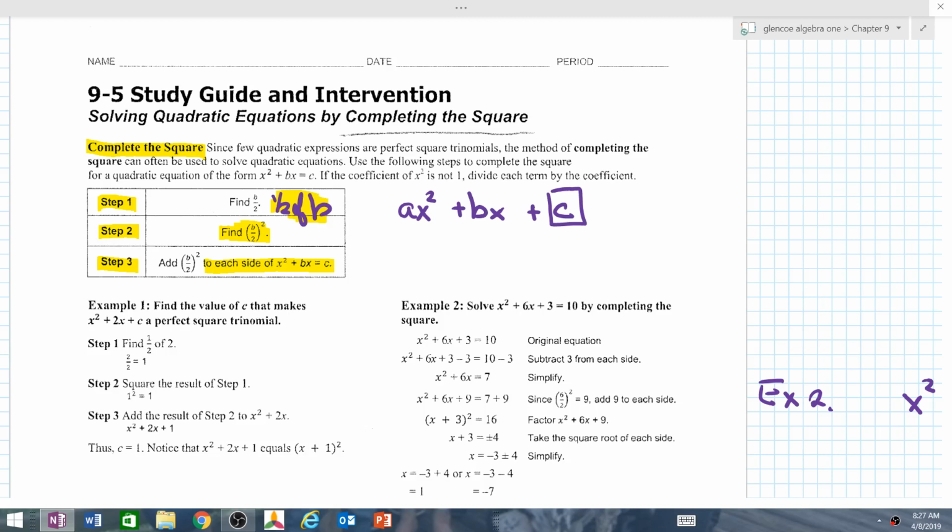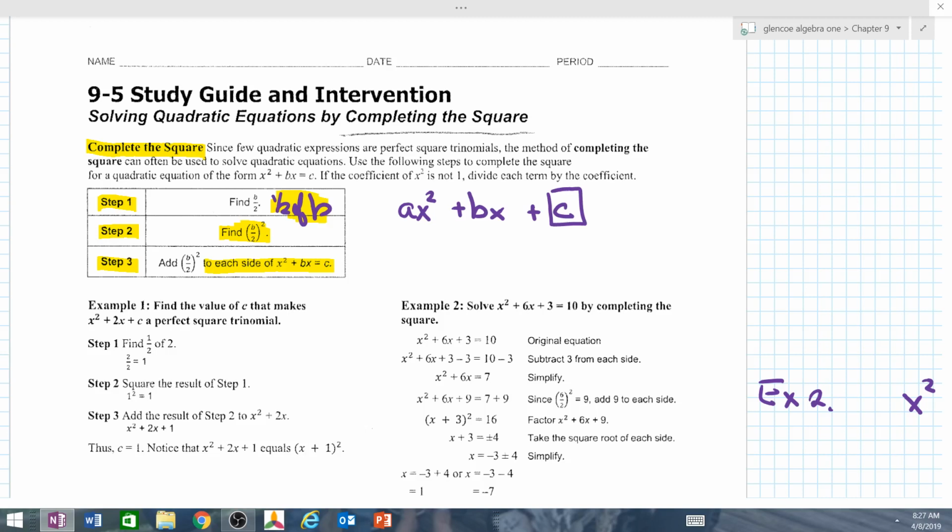be held responsible for. As far as we're concerned in Algebra 1, you do not have to solve a quadratic equation by the method of completing the square, but you should know how to make an equation a perfect square trinomial.